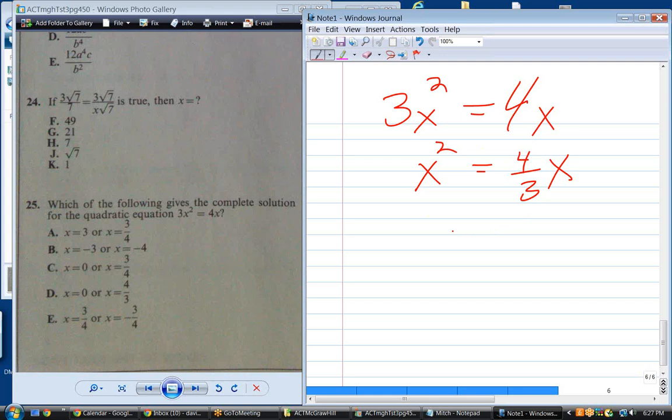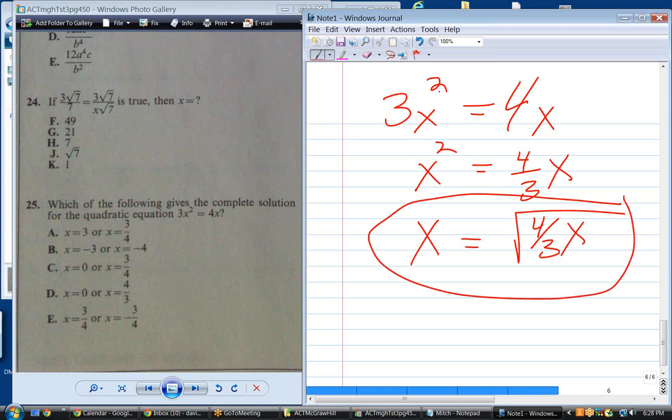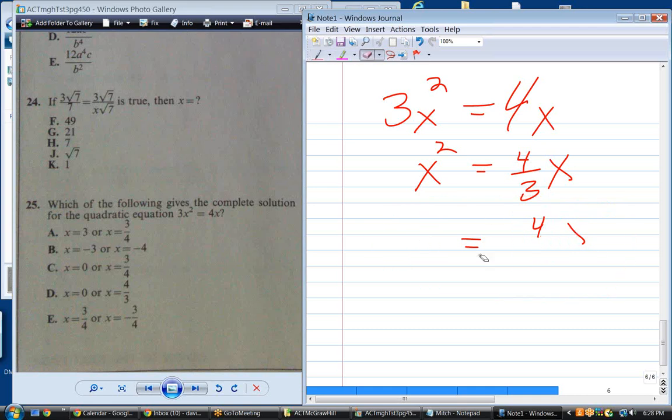When I take the square root of both sides, I'm left with x on the left, but I'm also left with an x on the right, which means we've never solved it for x. The only time you're solving for x is if you have nothing but numbers on the right. This is not really a solution because I still have some x's on the right. So that's probably not the best way to go.